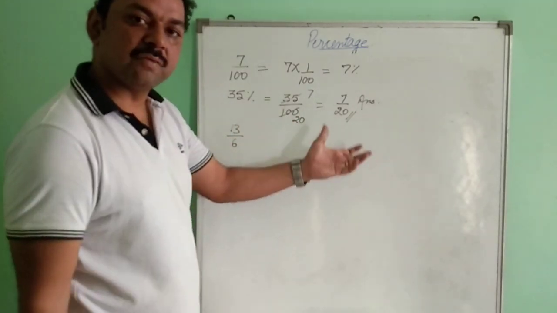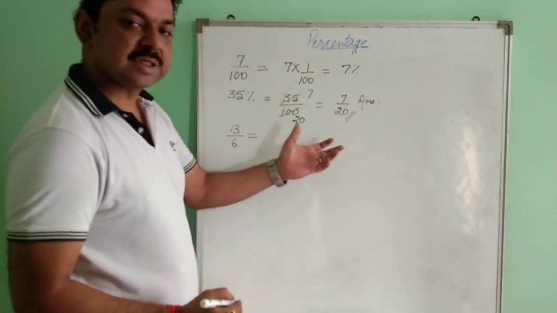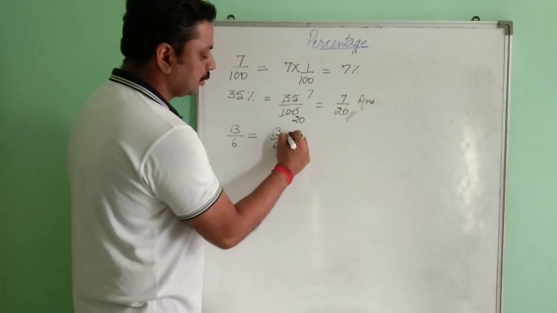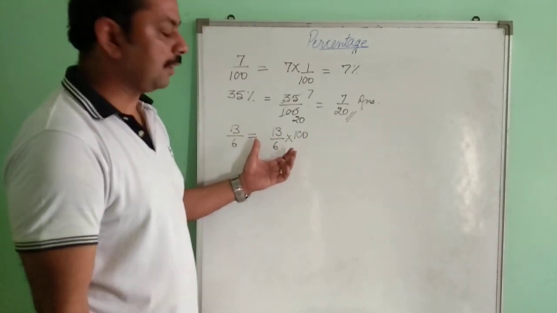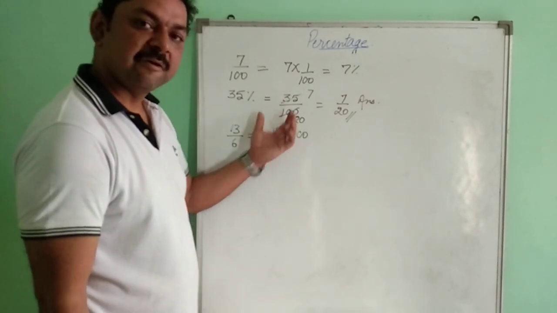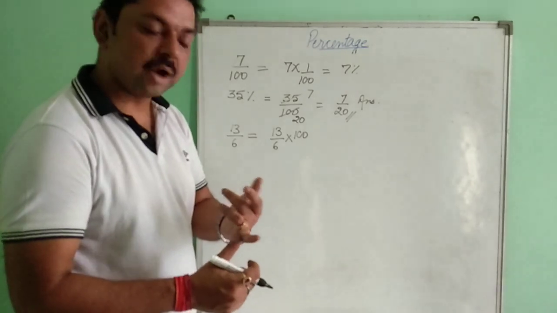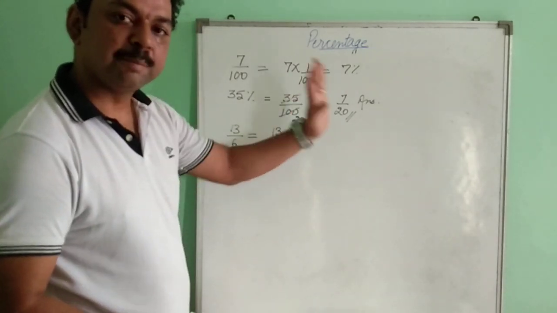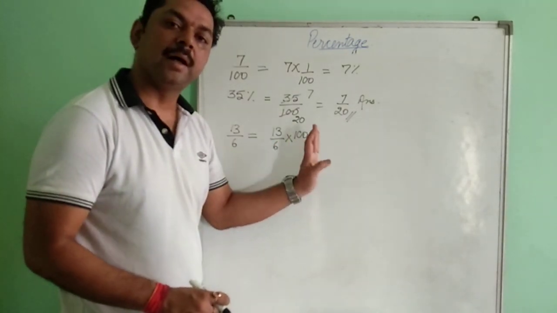Then in case you have 13 upon 6, this is your fraction. You need to convert it into a percentage. What are we going to do? 13 upon 6 multiplied by 100. Earlier I said, whenever there is any fraction, decimal or any value that you need to convert into a percentage, you will multiply it by 100.